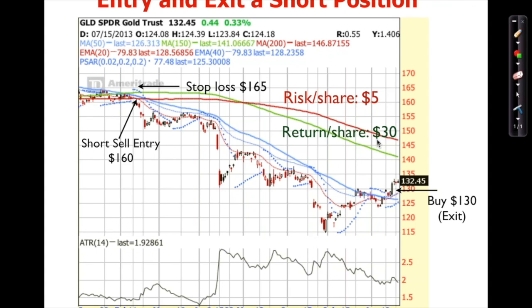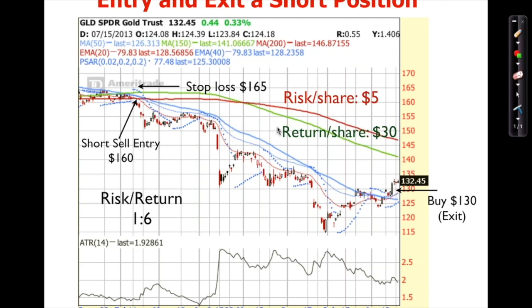It's not guessing. There is a way to estimate, and it's quite accurate. In this case, I'm risking $5 to make $30, so I'm risking 1 to make 6. Is that a good trade? Yes. I told you anything better than 1:2 is a good trade. You can take it.